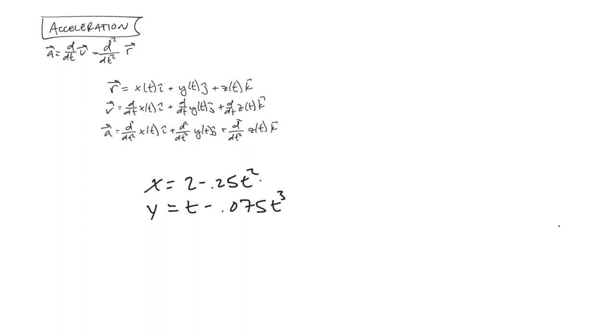To get acceleration, you just have to take the second derivative of both of those. So your acceleration in the x direction is the second derivative of 2 minus 0.25 t squared. To get the first derivative, you get negative 0.5 t. So you get negative 0.5 in the x direction.